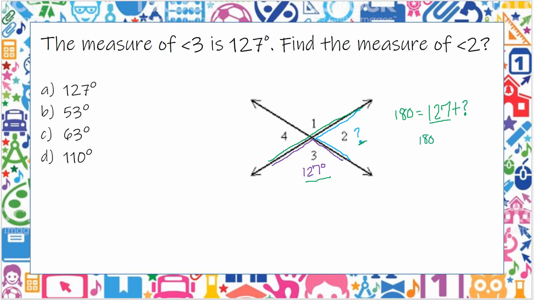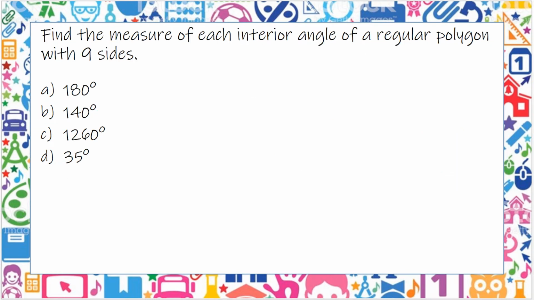So the opposite is subtracting 127 from both sides. Now on the right, 127 minus 127 forms a zero pair. And so it goes away. 180 minus 127 gives me 53. So our answer here is 53 degrees.